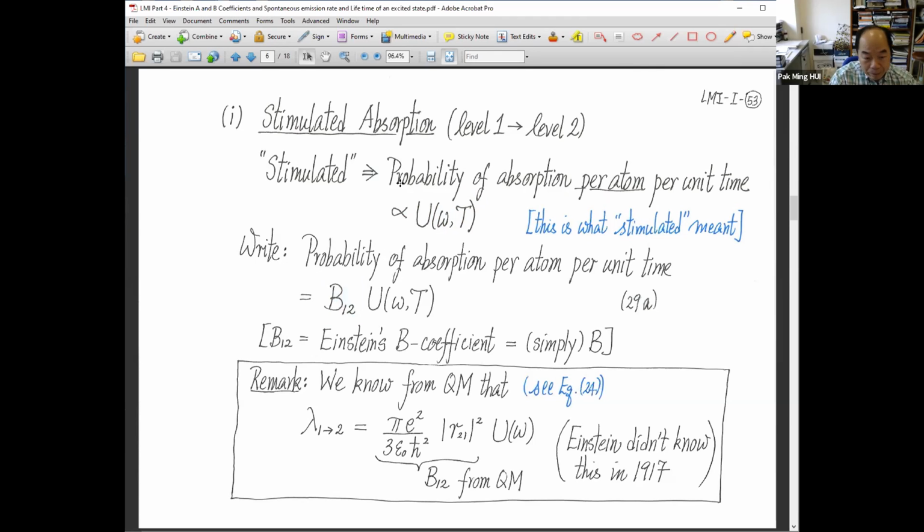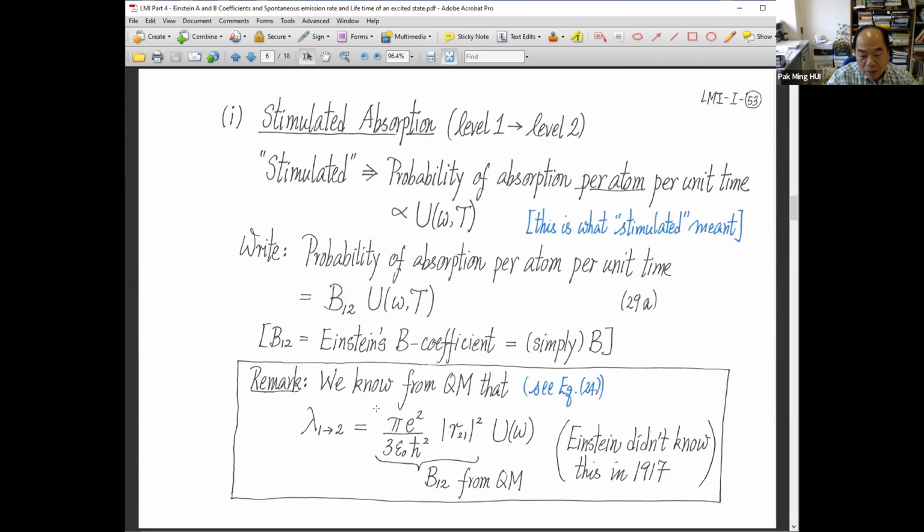So, summary: probability of absorption per atom per unit time. You see there is some rate here. Is B12 times the energy density of the EM environment at that frequency. Okay? That is Einstein. How about Schrödinger? What we know, okay? At the beginning of today, I already reminded you of that.